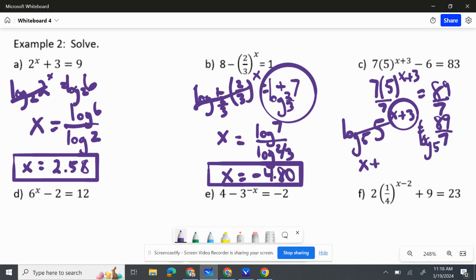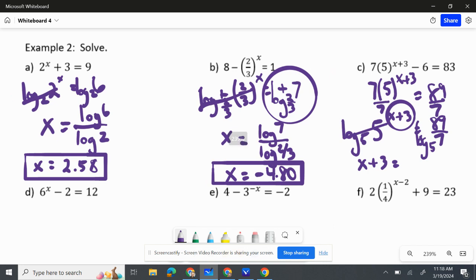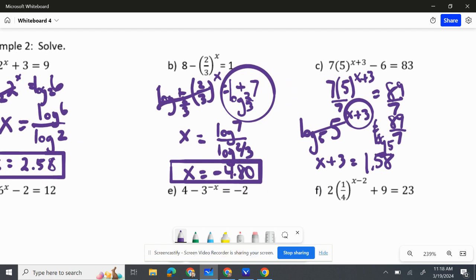So I have x plus 3 is equal to log of 89 divided by 7, divided by log of 5. That gives me 1.58. And then I subtract the 3, and that gives me x is equal to negative 1.42.